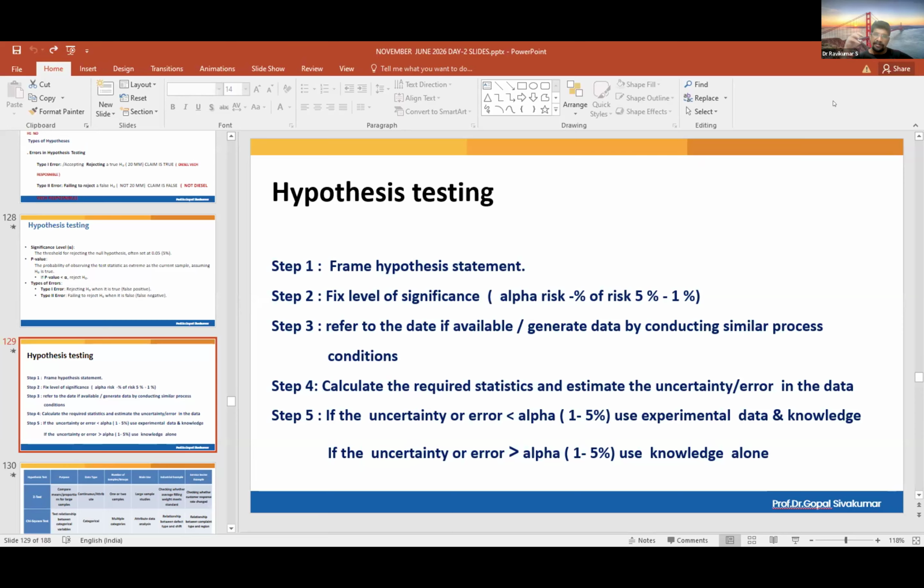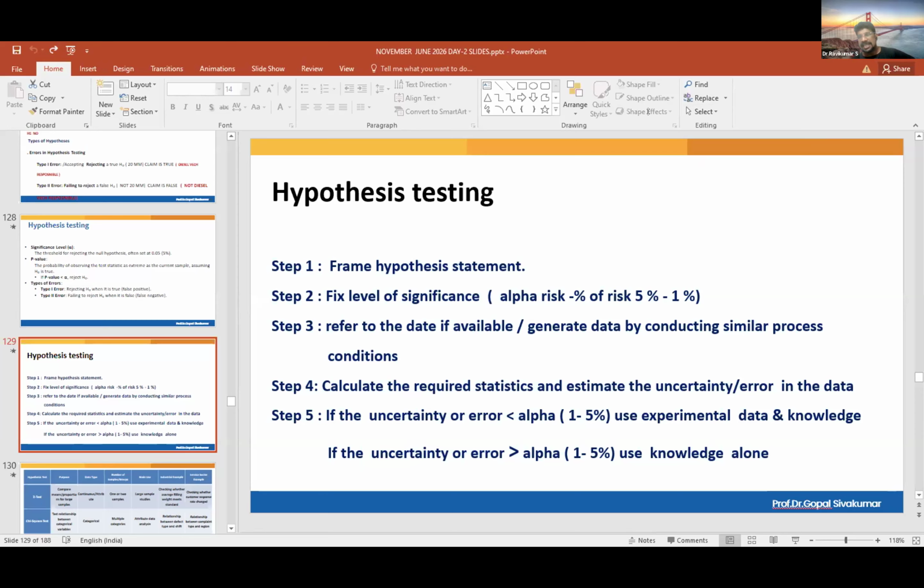Similarly, here we are fixing that error level. We are calling it the level of significance. What do you mean by that? The percentage of error or risk which we are ready to agree to, ready to accept. Normally, it must be between 1 to 5%.